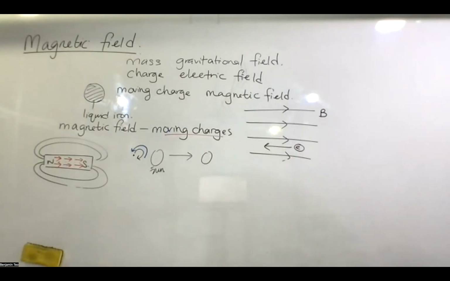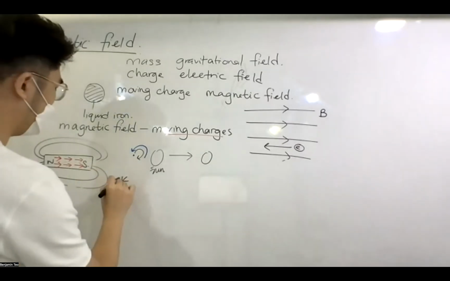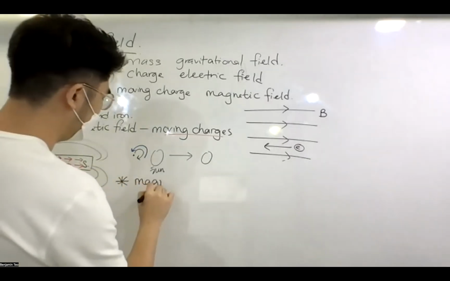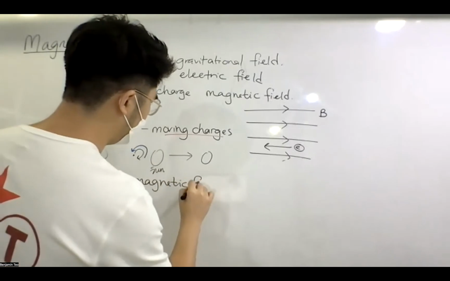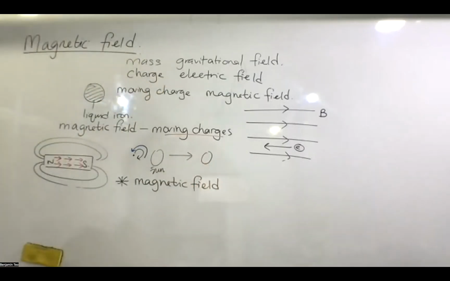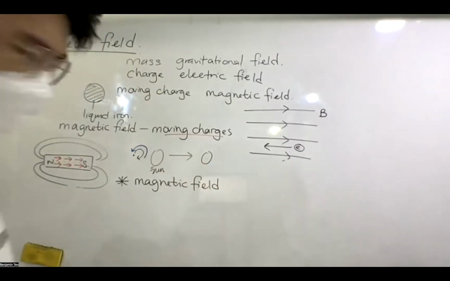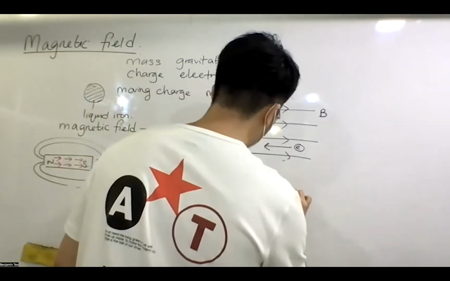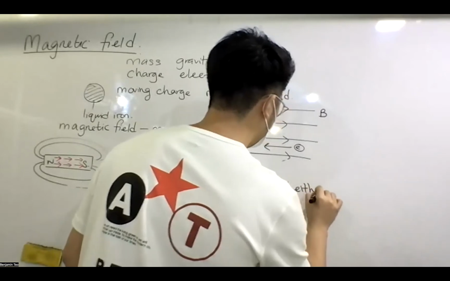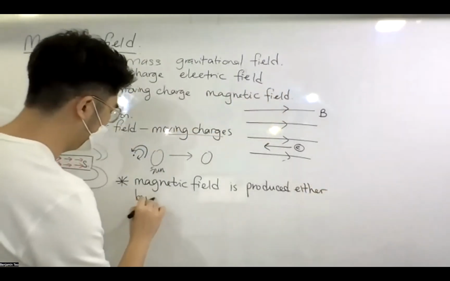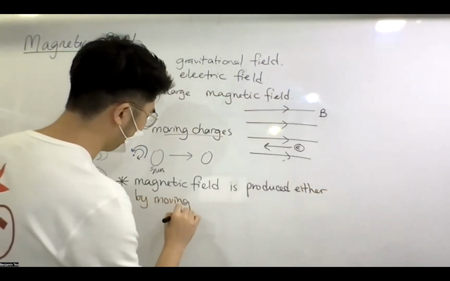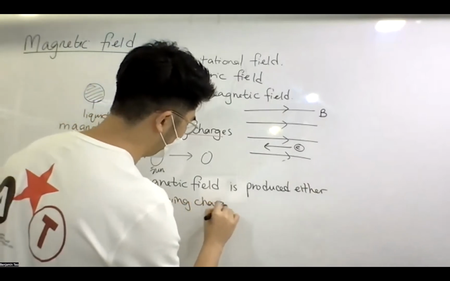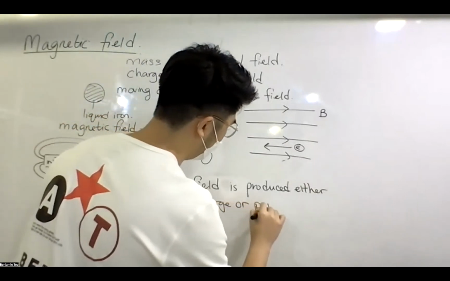So two keynotes I will write down here. First thing is that understand that magnetic field is produced either by moving charge or permanent magnet.